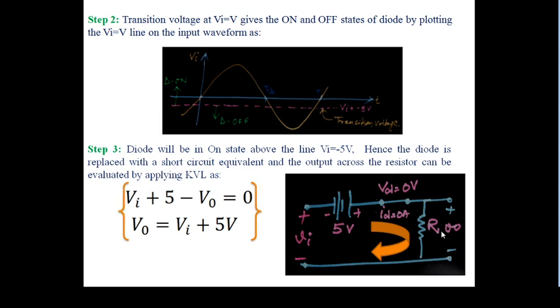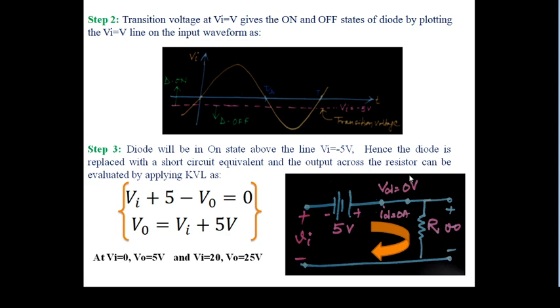Now when Vi equals 0, the output voltage is 5 volt. So the output voltage will start from somewhere above the origin, and if Vi is 20 volt, it should go to 25. So it starts slightly from the upper side.